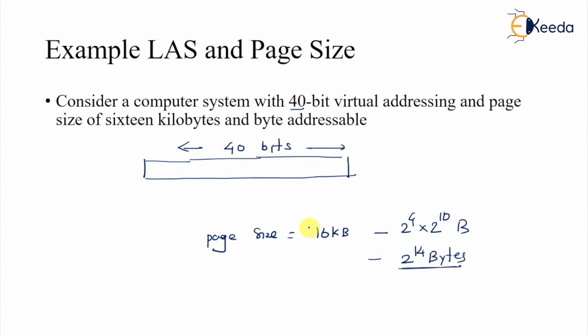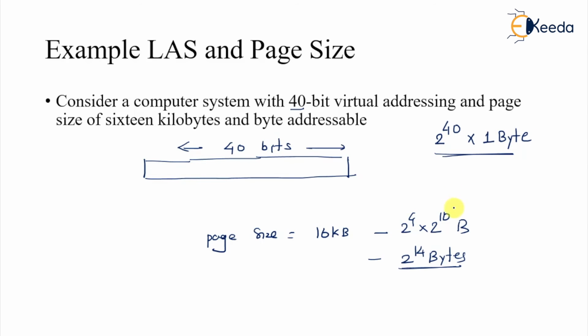And it is byte addressable. If it is byte addressable, then we have a total address space of 2 to the power 40 address locations, and one address location is of size 1 byte.